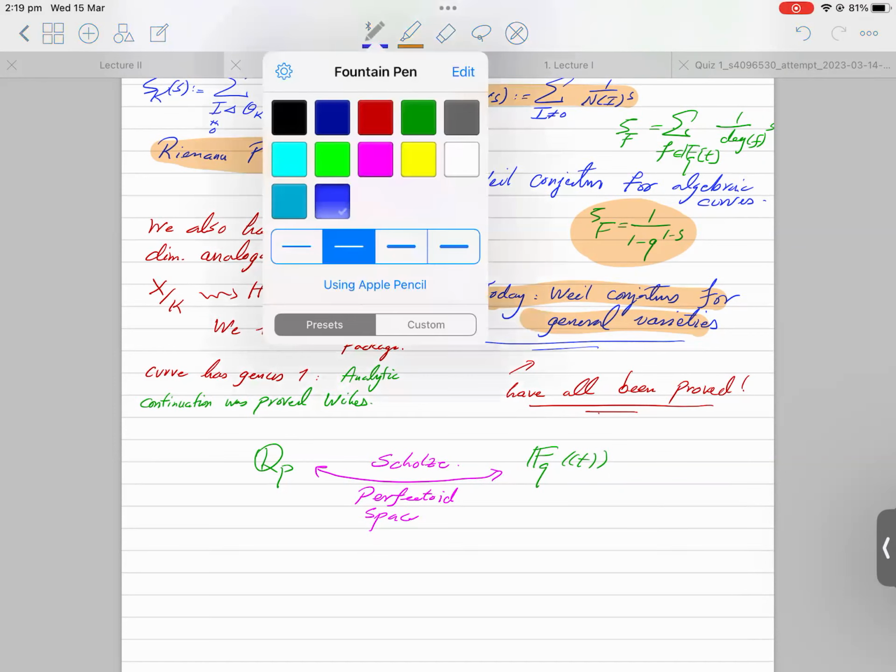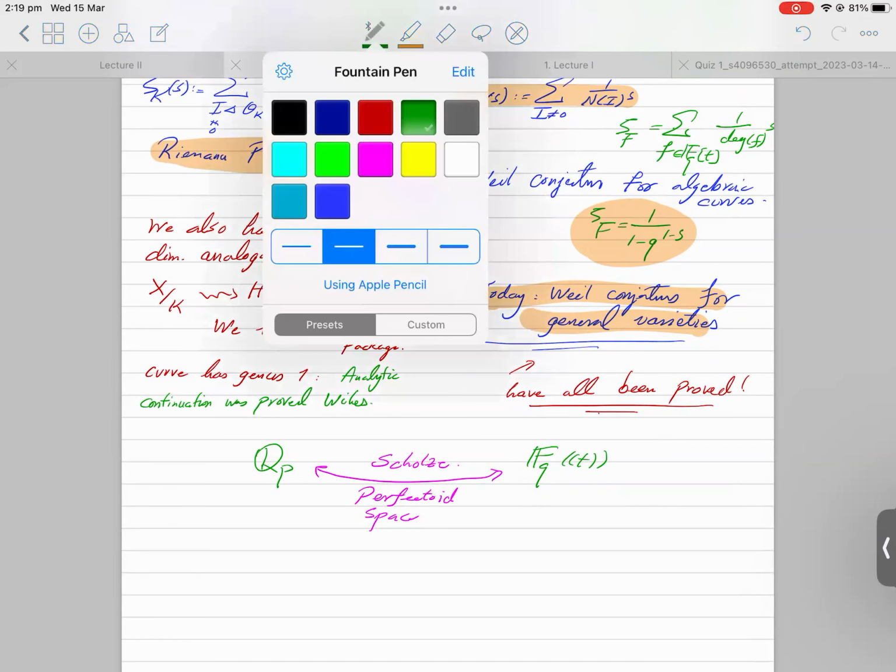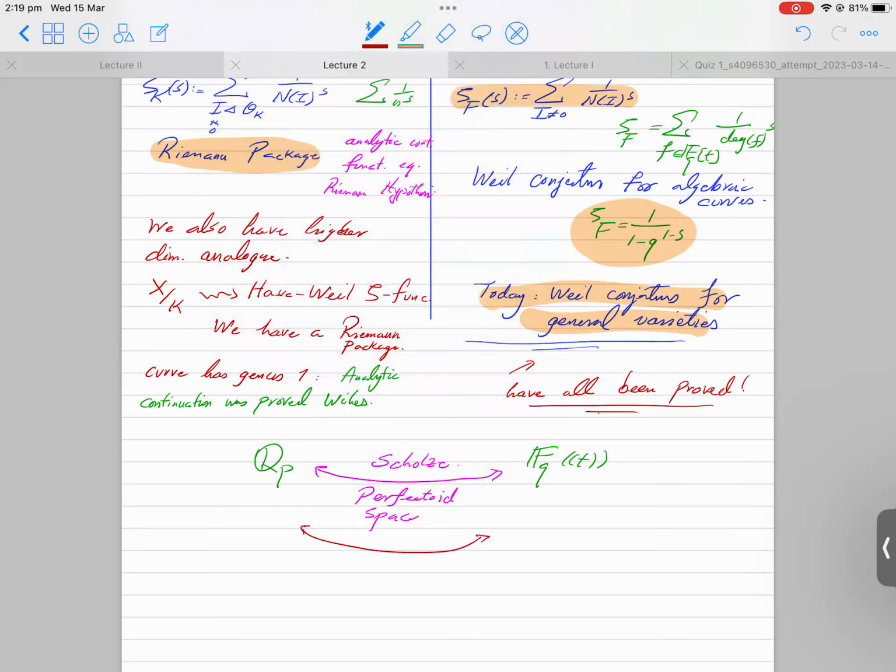And there's another bridge that came earlier actually, and that's called motivic integration. Again, that's a bridge between Q_p and F_q bracket T, and this was first... Well, Kontsevich, there's an interesting story about this.